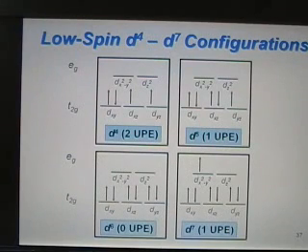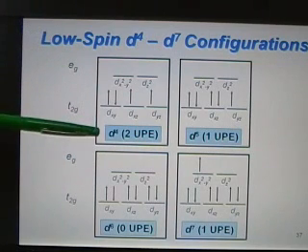It gets a little more tricky when you go from D4 to D7 electron counts on your transition metal cation. You can see either low spin or high spin. I'm showing the low spin configurations here on this slide. Notice that I've also included the number of unpaired electrons with each of these orbital sets.